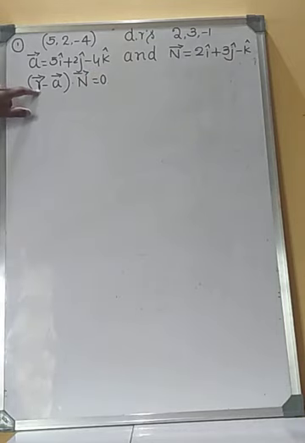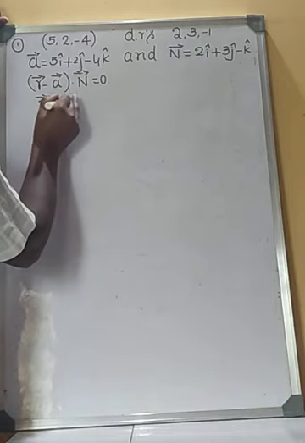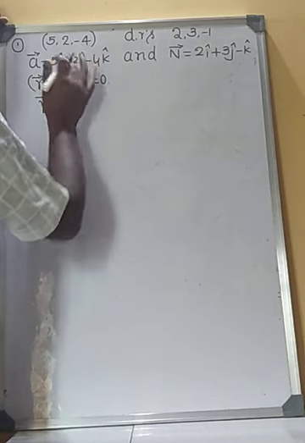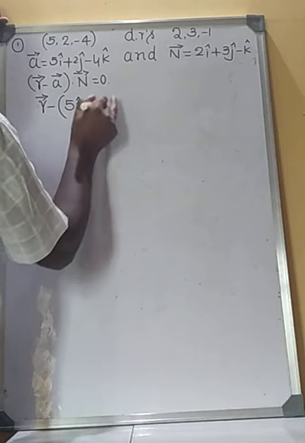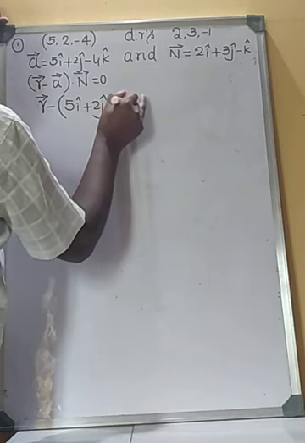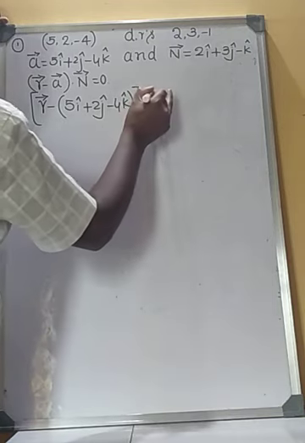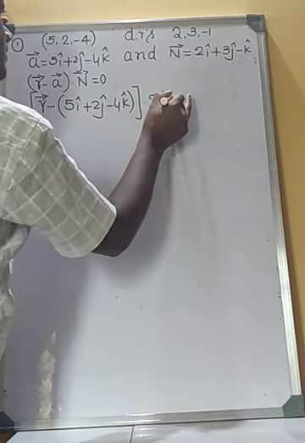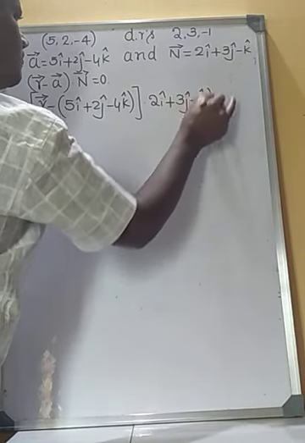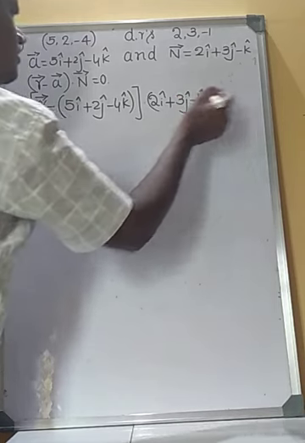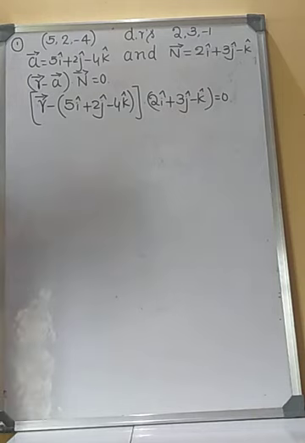Here, r vector as it is, minus vector a, which is 5i plus 2j minus 4k, dot n vector, which is 2i plus 3j minus k, is equal to 0. So this is the vector form of the equation of the plane.